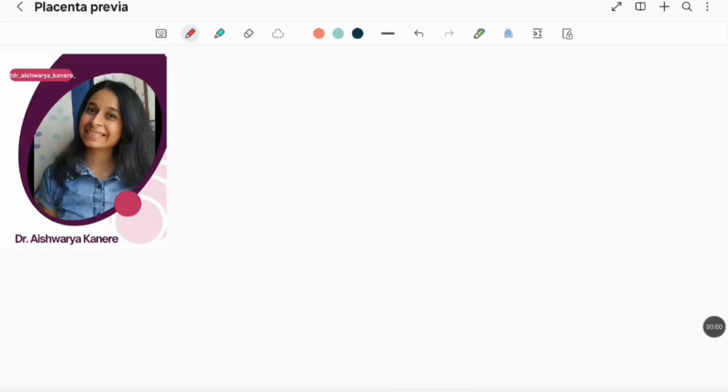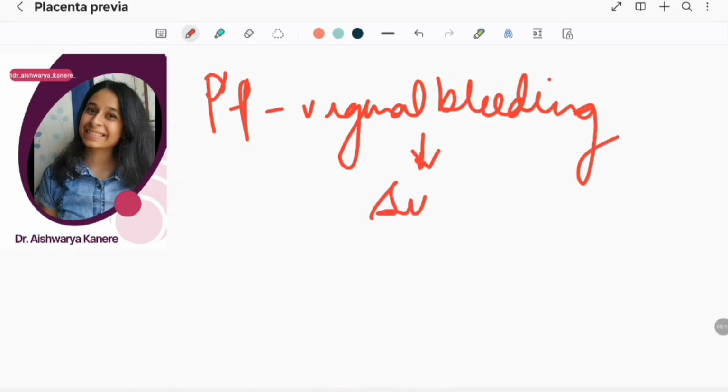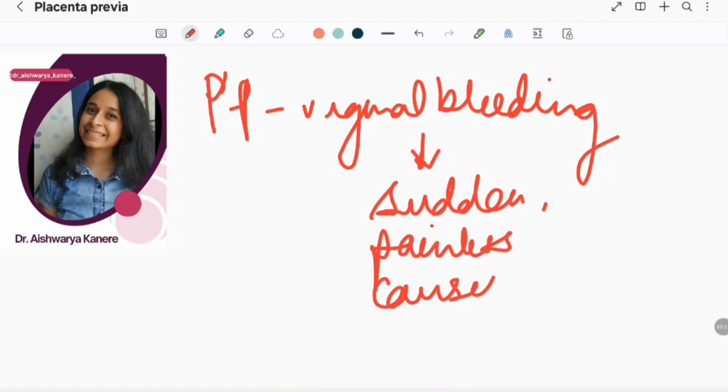Let's see. The only symptom of placenta previa is vaginal bleeding. It is sudden, painless, causeless, and recurrent bleeding.